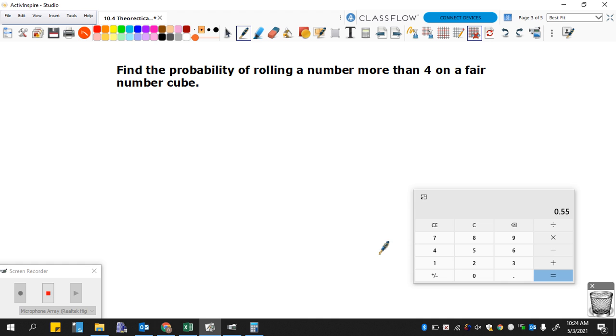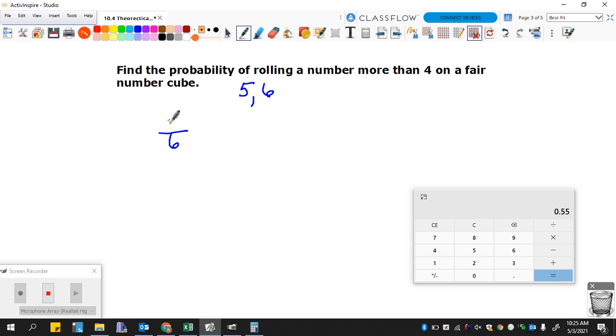Find the probability of rolling a number more than a 4 on a fair number cube. More than 4 means rolling a 5 or a 6. So how many outcomes are there? There are 6 outcomes and two events that can happen.